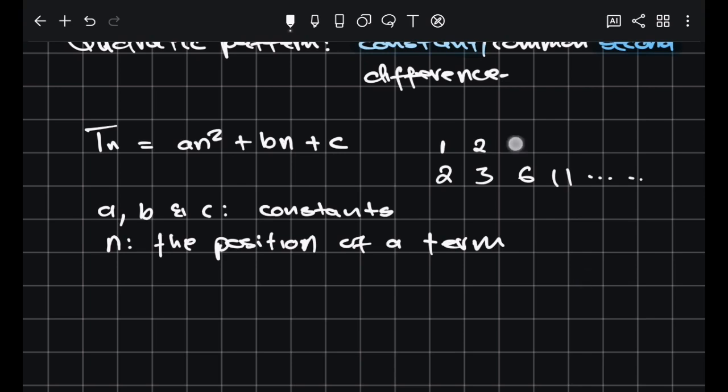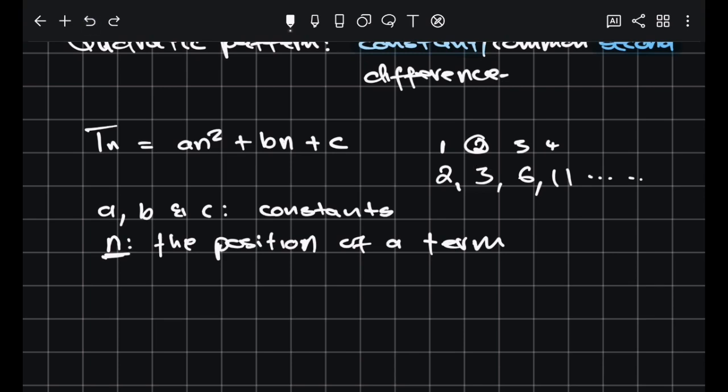And 6 is in position 3, and 11 is in position 4. You get that? So this n stands for this position. This term, 3, is in position 2 in this sequence. I hope you get that.